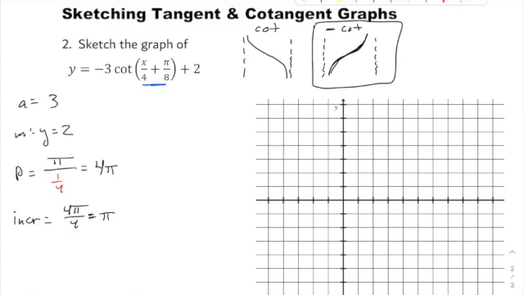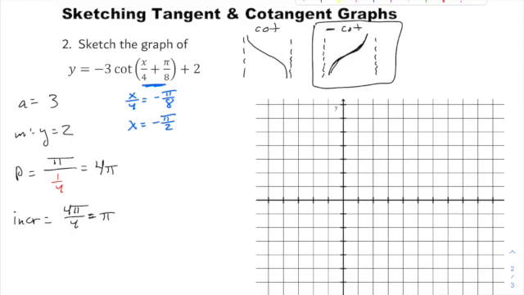Okay, now be a little careful here, getting that phase shift. You can either factor out 1/4 or just set the thing equal to 0 and solve, which will give you x over 4 equals negative pi over 8, multiplied by 4, and you'll have negative 4 pi over 8 or negative pi over 2. Now with the cotangent, it is just like the sine, the cosine, and the other shapes other than tangent.